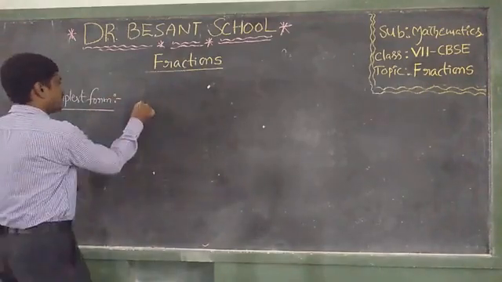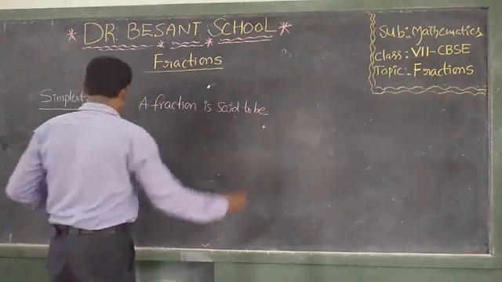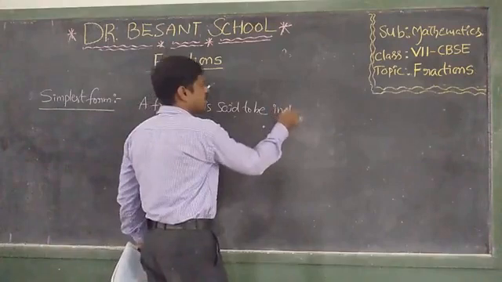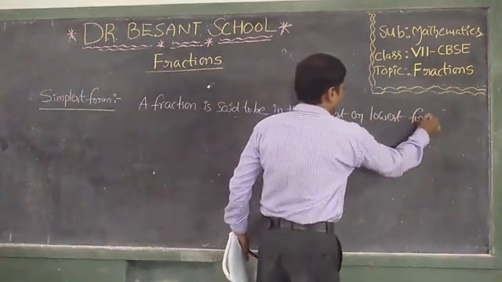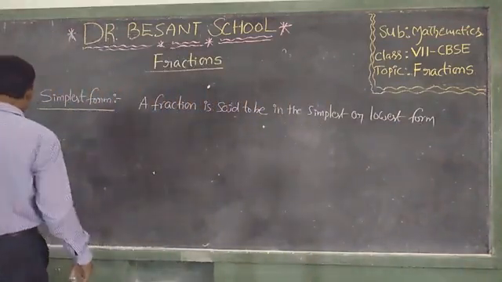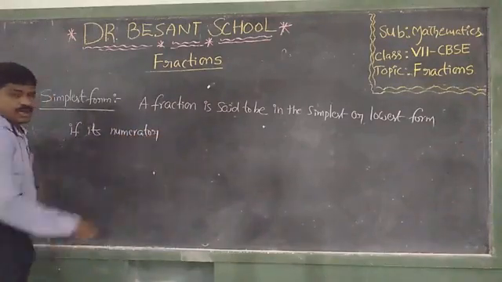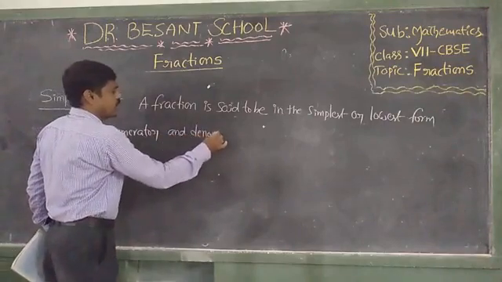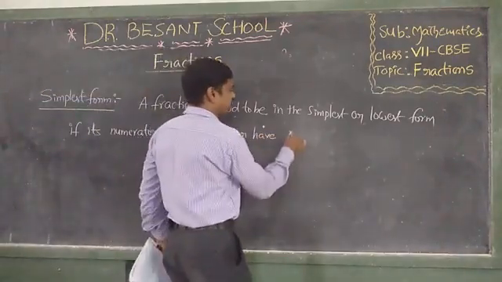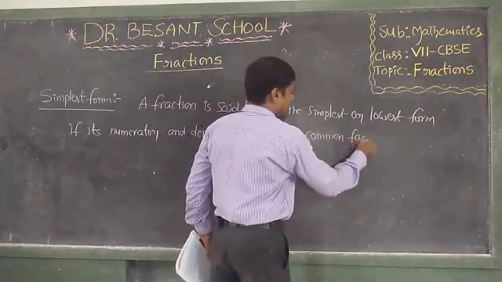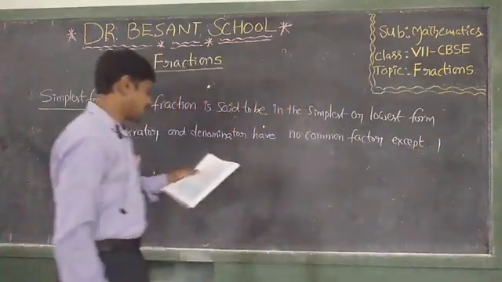Observe here: a fraction is said to be in the simplest or lowest form if its numerator and denominator have no common factor except one. Suppose one example, 2 by 7.